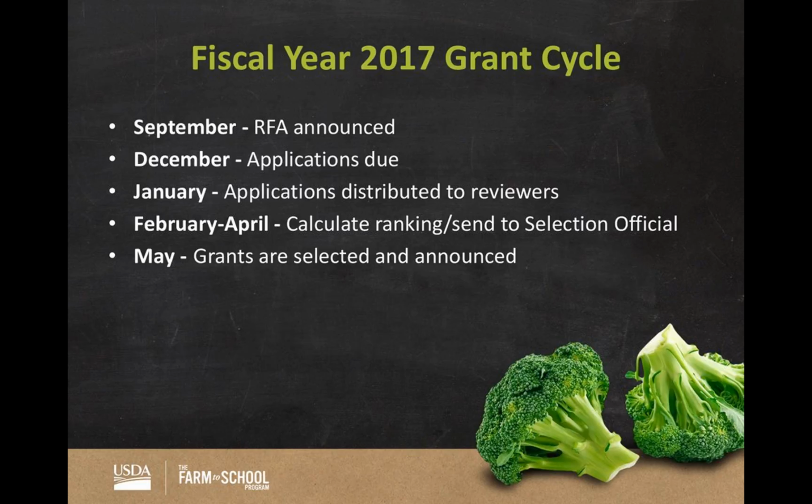In January, we will be distributing applications to you, the reviewers. We're aiming to do that by the end of this week. Then February through April, we are calculating the scores and preparing a recommendation list for the selection official. And finally, in May, we announce our grantees who have been awarded.